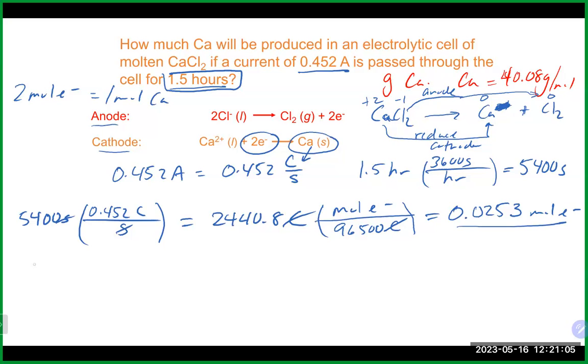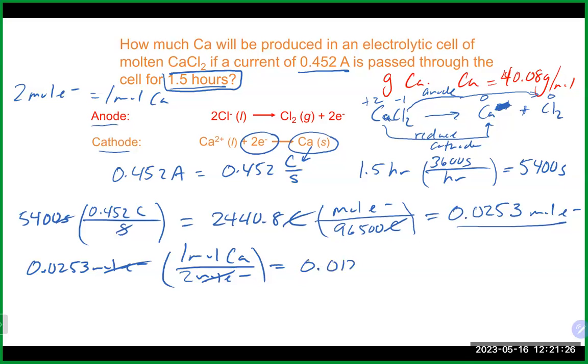So if we do that, 0.0253 moles of electrons, using the half reaction there, 2 moles of electrons, 1 mole of calcium. Right, so that's going to cancel. And if I divide that by 2, we're going to get 0.0126 moles of calcium.